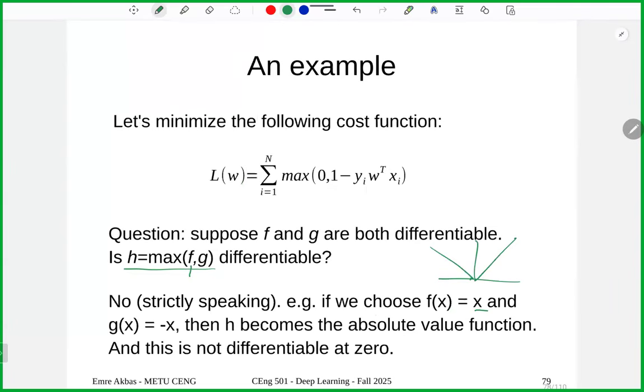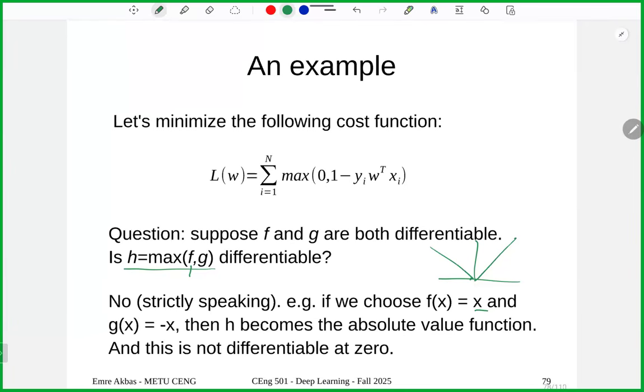Then the derivative from the left and from the right will be different, +1, -1. And calculus tells us that if at a point the left derivative and right derivative are different, then this function is not differentiable. So then how does this work?